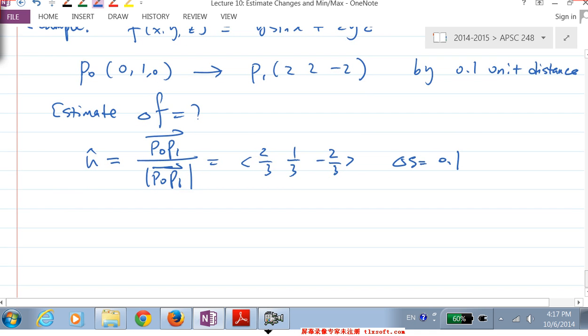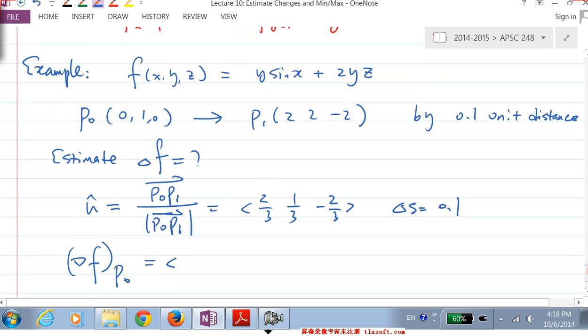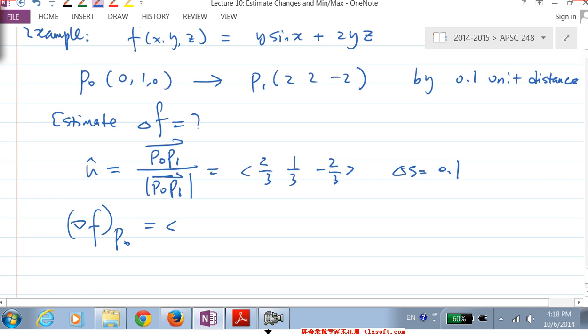So the next thing is essentially just plugging into the formula. Let's calculate del f first, del f at the P naught location. Again, it's partial derivatives. So y cosine x, that's partial f over partial x, and partial f over partial y is sine x plus 2z.